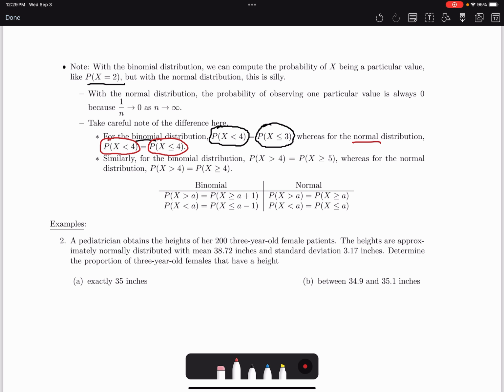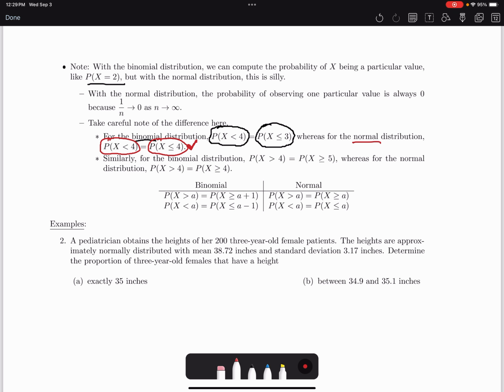The reason that they're equivalent is because the probability that x equals 4 is 0. Okay, so that doesn't contribute anything to this probability. So the probability that x is less than or equal to 4 is just going to be the same as the probability that x is strictly less than 4, since the probability that x equals 4 doesn't contribute anything for a continuous variable like the normal.